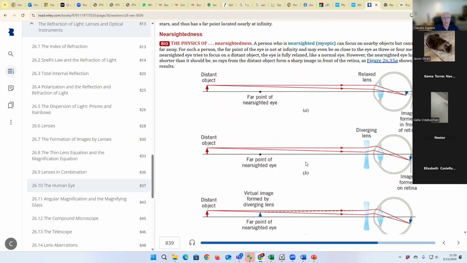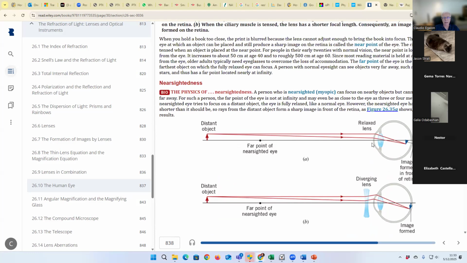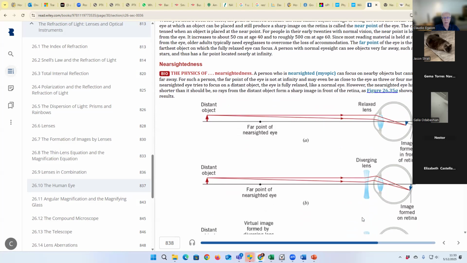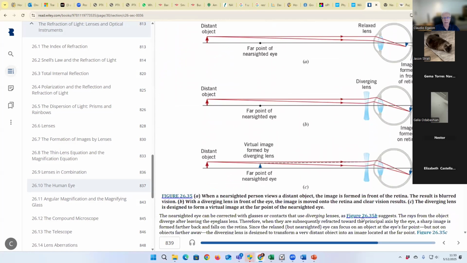Because to see better with no correction whatsoever, the object must be very close to you. And here's the diverging lens, that effectively increases the focal distance of the eye's lens, the corrective lens.